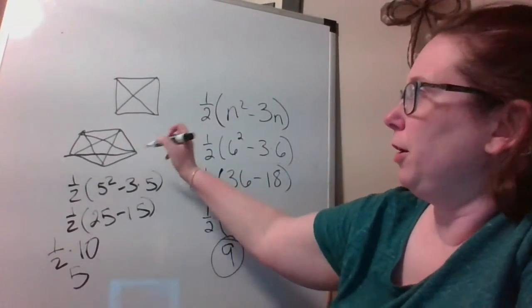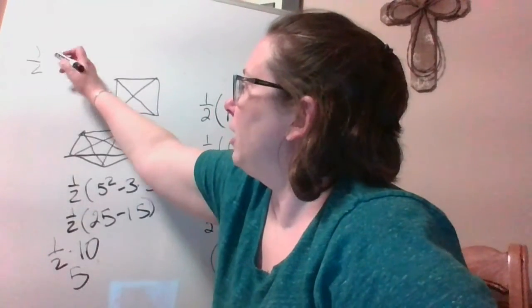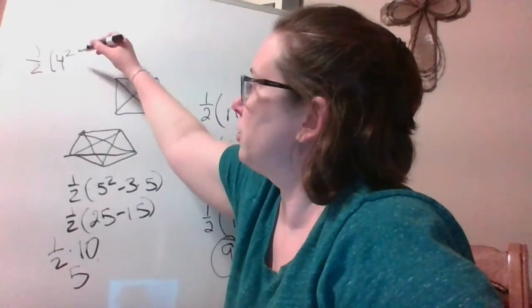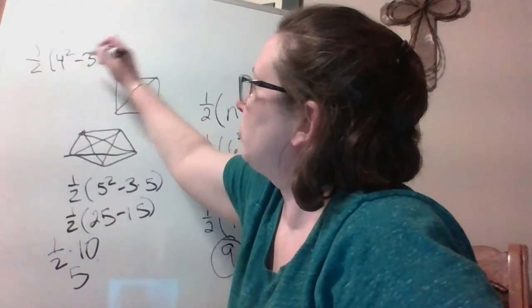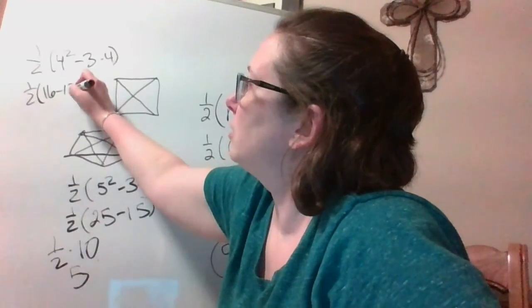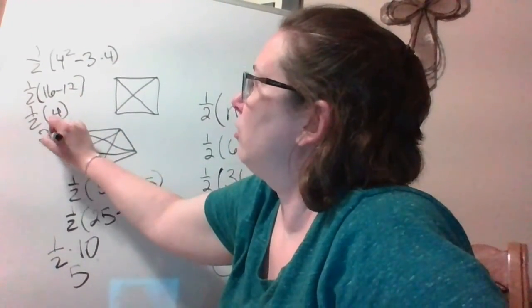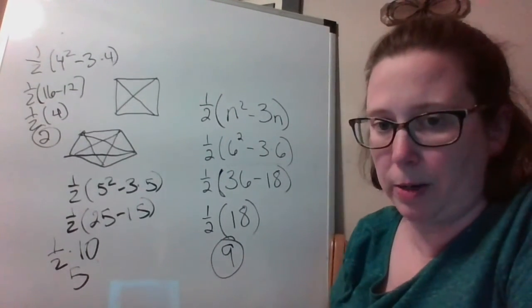So we got that one okay. This one we would do 1/2 times 4 because we have 4 sides in the square minus 3 times 4. So we'd have 1/2 times 16 minus 12, which is 1/2 times 4, which is 2. And of course, we do have 2 diagonals in a square.